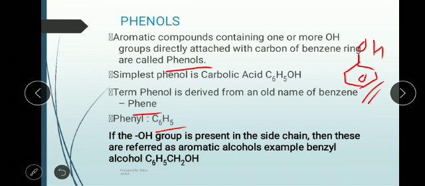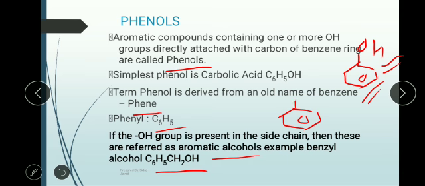If the OH group is present in the side chain, then these are referred to as aromatic alcohols. Example, benzyl alcohol, C6H5CH2OH. When OH is directly attached to the ring, then it is phenol.